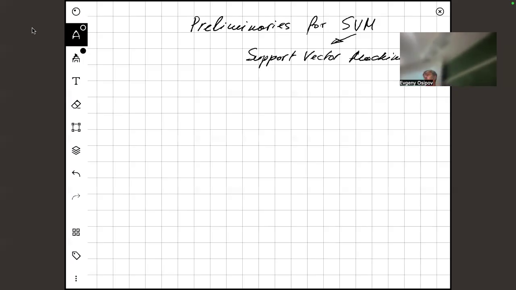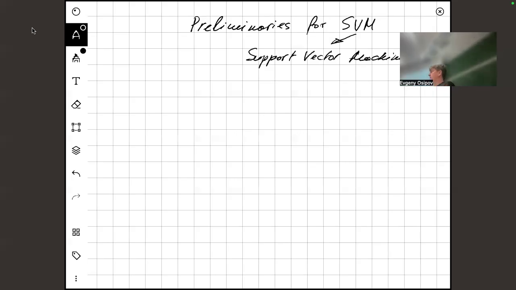However, there have been very powerful algorithms developed 30 plus years ago, no, that was not 30, like 20 years ago, which have a rigorous mathematical apparatus.